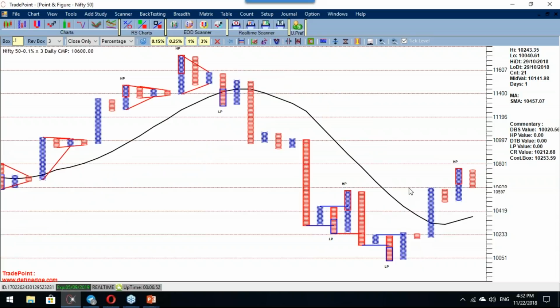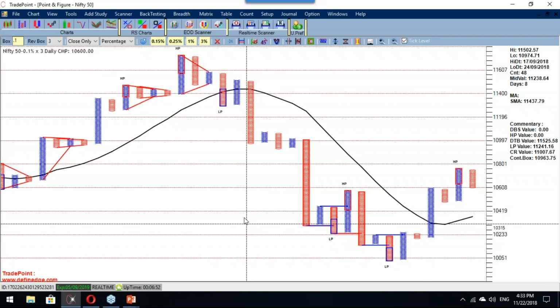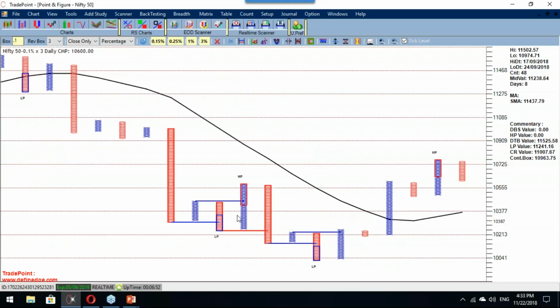Do you guys remember we had the discussion about setups, isn't it? Anyone? What does the setup consist of? Trend and pattern.